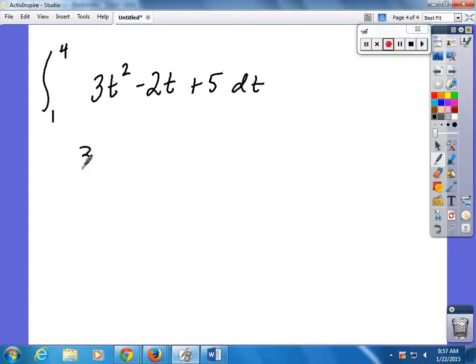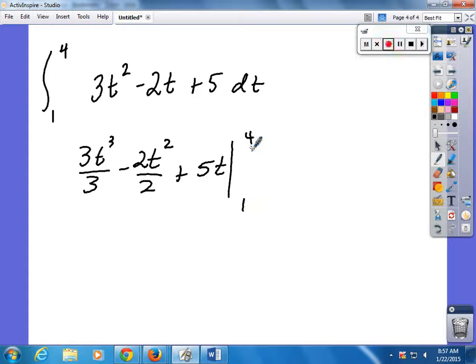All right, so 3t to the 3rd over 3 minus 2t squared over 2 plus 5t, evaluated at 1 and 4. Please make sure I didn't change the problem. Okay? Now the 3's go out, 2's go out, and that leaves you with t cubed minus t squared plus 5t evaluated at 1 and 4.